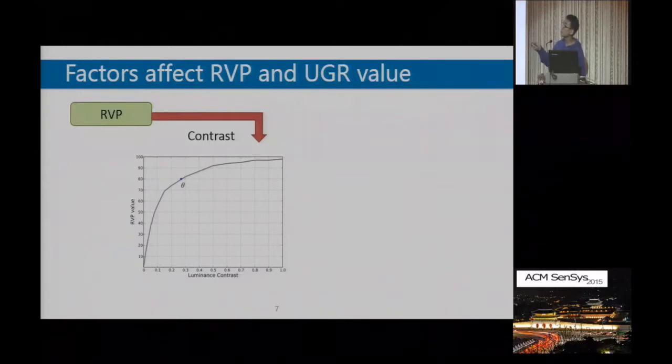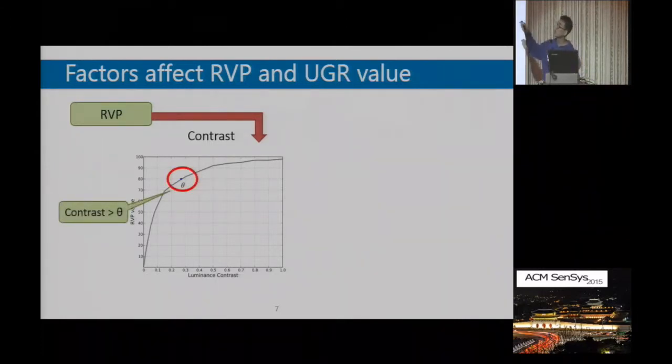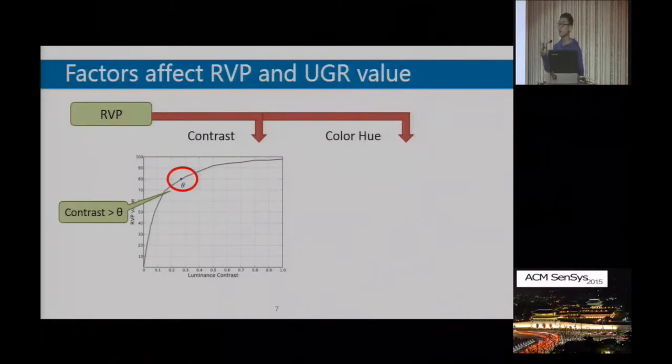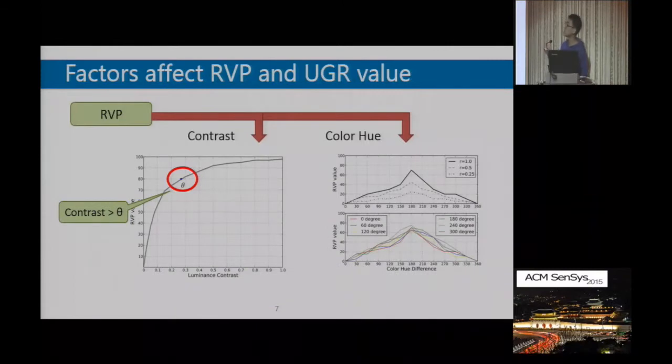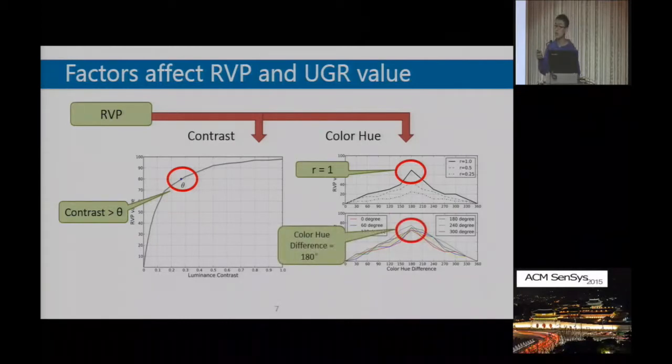When the contrast is over a certain value theta, the RVP value will reach 80%, which will satisfy the requirement. According to the luminance contrast, we also found that color hue is an important factor. The RVP value will reach the highest when R equals 1 and the color hue difference equals 180 degrees. As to what these two parameters are, we will introduce in the next slide.